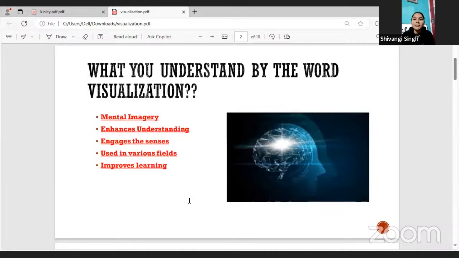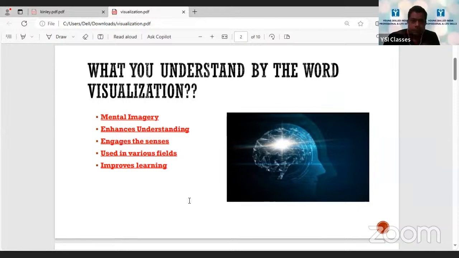What do you understand by the word visualization? When I asked this question just 2 seconds ago, I guess everybody present here started visualizing themselves answering my question. So this is a kind of mental imagery in which we create mental images. We start picturing ourselves. Visualization helps to provide the information in a more vivid and memorable form.